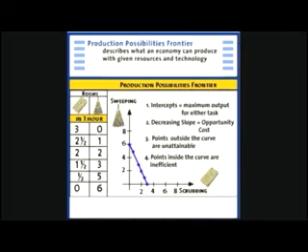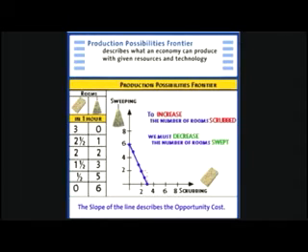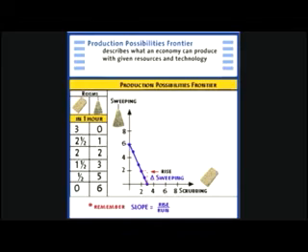That would be a vertical movement in the space. And if we take the amount of sweeping that Bernie gives up to do an extra room's worth of scrubbing, that gives us the opportunity cost of scrubbing the room. So the rise, which in this case would be a change in Bernie's sweeping, a reduction in the amount of sweeping that Bernie is able to do, over the run, which would be the increase in scrubbing, is the slope of the production possibility frontier.